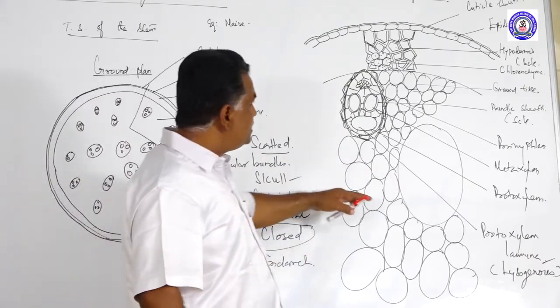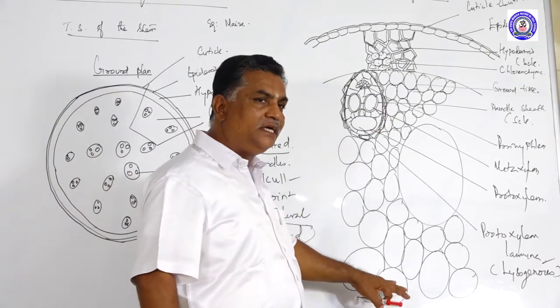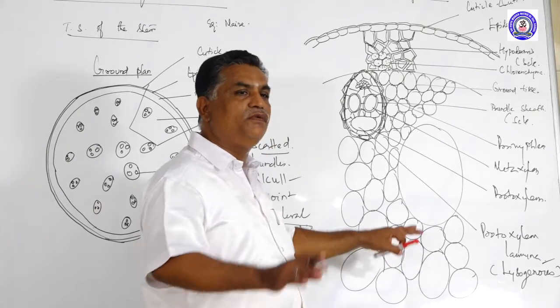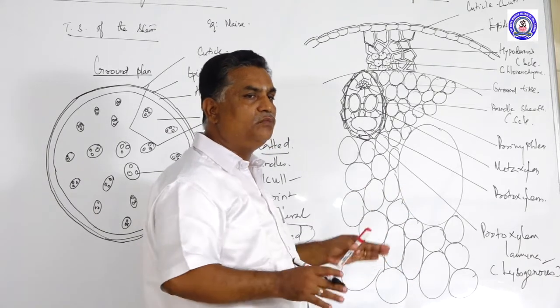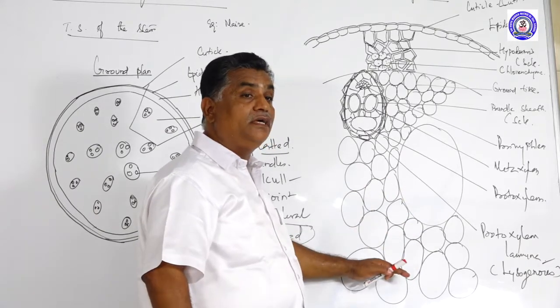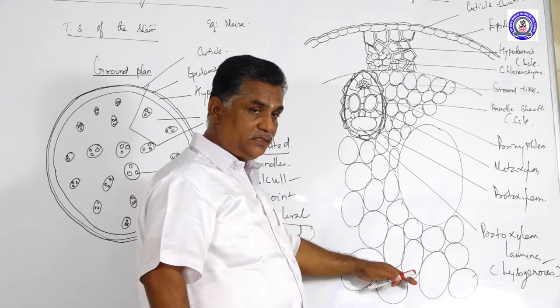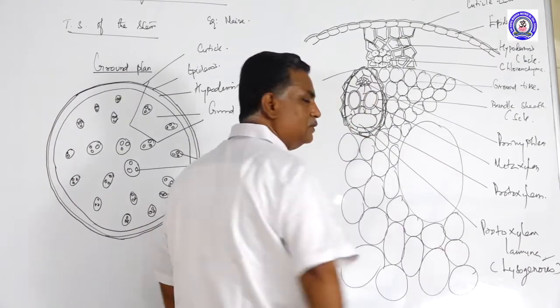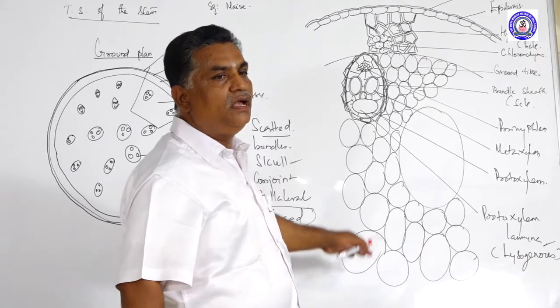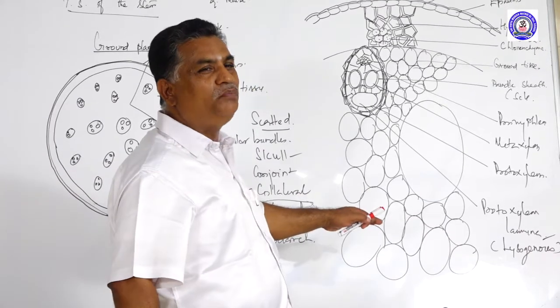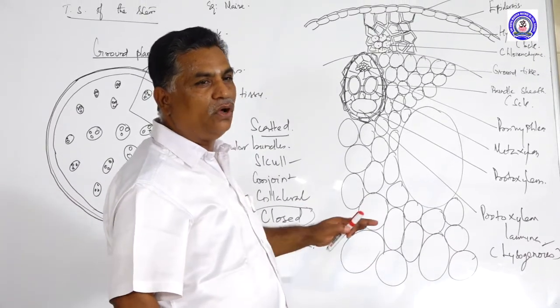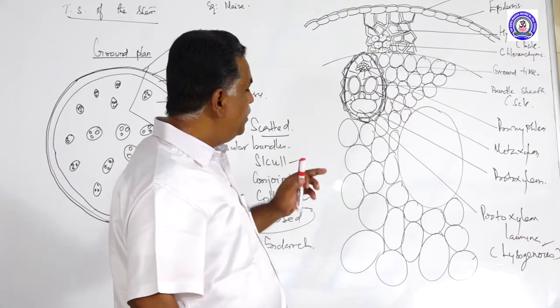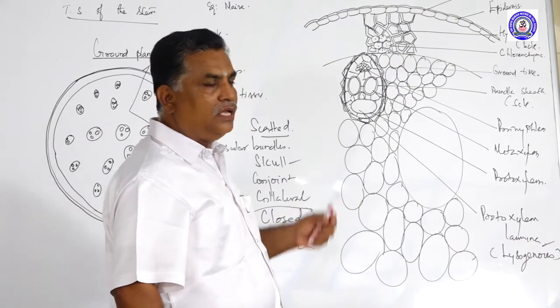Right. Here, as I said, the ground tissue is not differentiated. At the center, nothing is there. It is filled with parenchyma cells and bundles. But in the case of grasses, Gramineae, a cavity may be found in the place of the cells, and that is called pith cavity. Pith cavity is not found in all monocots, but in grasses a hollow chamber is found.